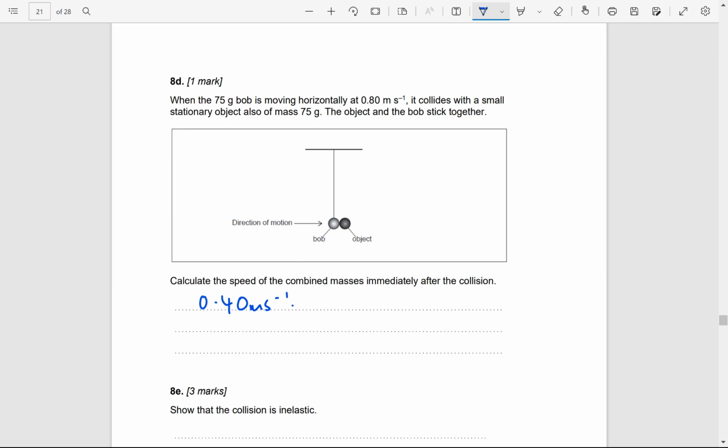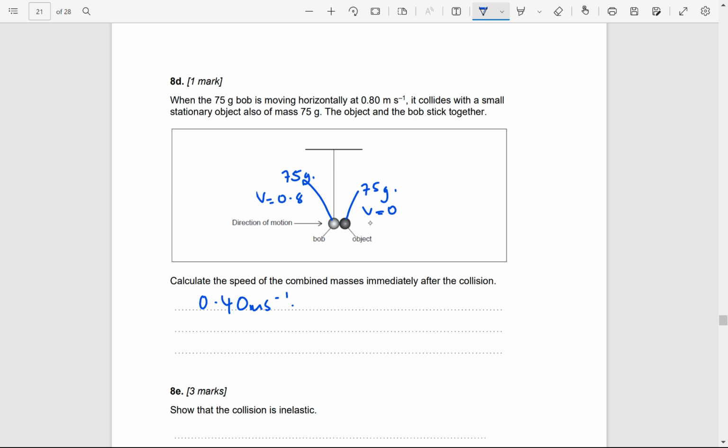However, alarm bells really should be ringing because you've got a stationary object, 75 grams. You have a bob, 75 grams. This has a speed of 0.8. This has a speed of 0.